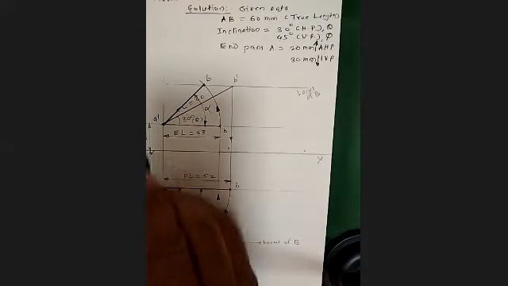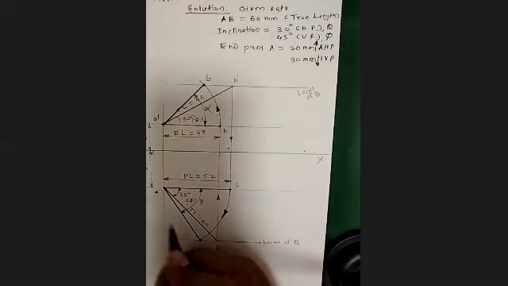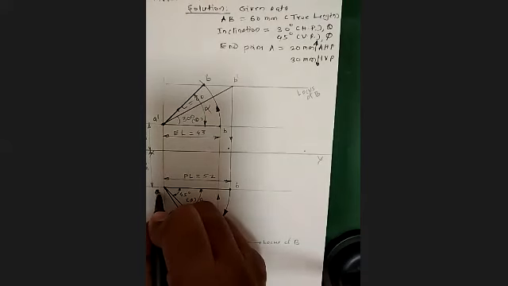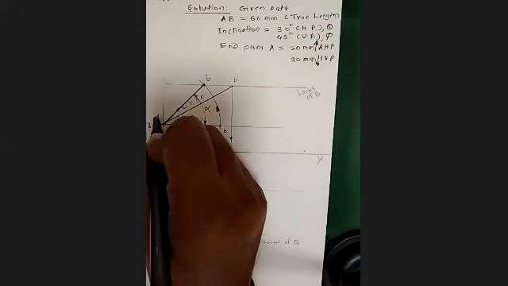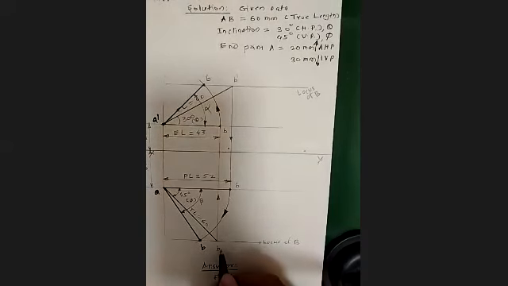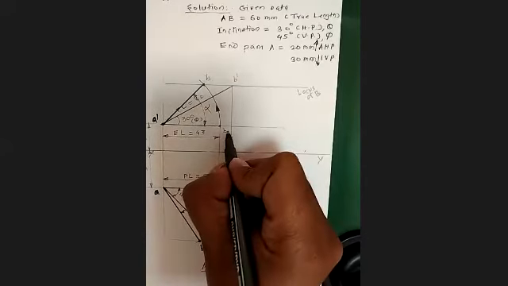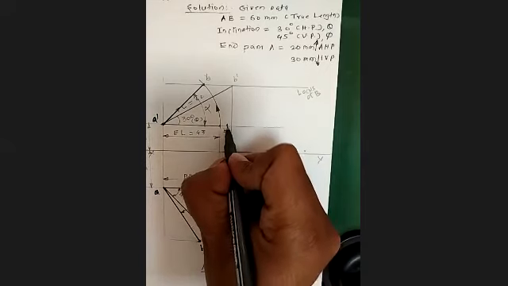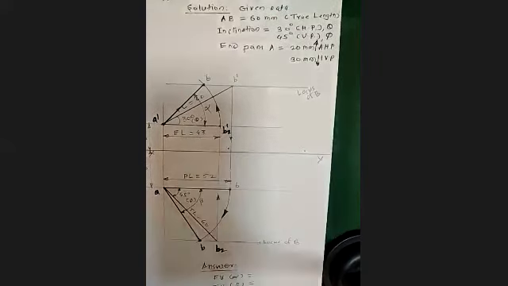See, A dash and A, no problem. But here, this A and this is going to be the point B. We say it's B2 point. When we take the projections upward, we say it's B2 dash.